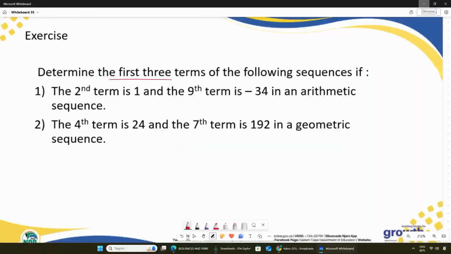They just find the value of a and the value of d without determining the first three terms. So make sure that every time you get an answer, you go back and check if you answered the question that was asked. And the second question: the fourth term is 24 and the seventh term is 192 in a geometric sequence.